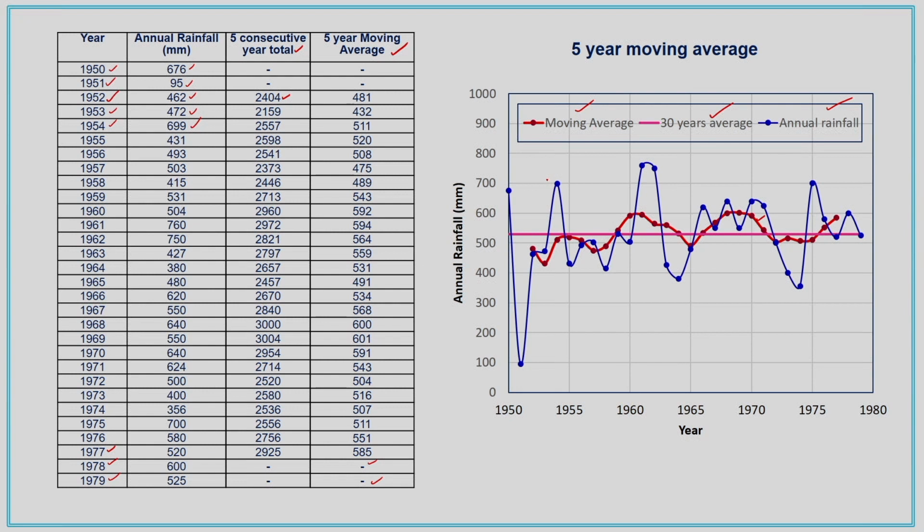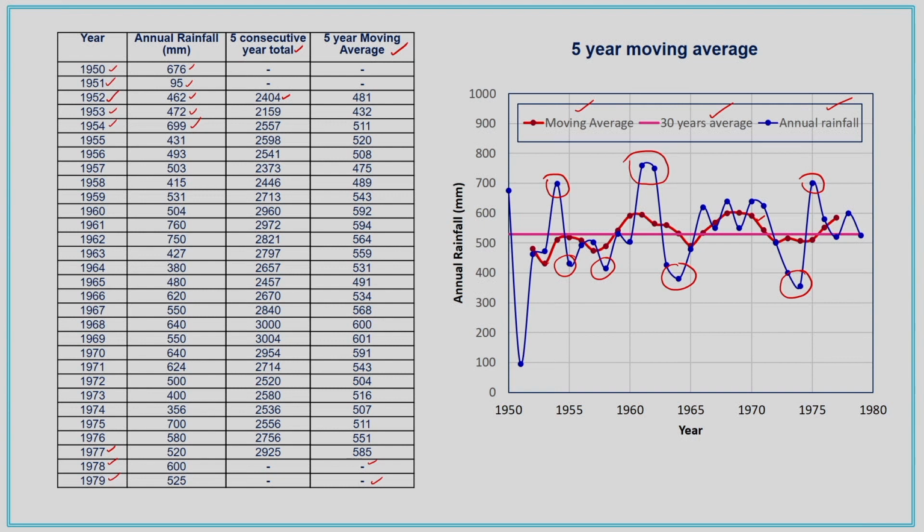You can see that the fluctuations seen in the annual rainfall data got smoothened out in the moving average curve. This red line is a smoothened curve which does not represent the fluctuations present in the actual data series.